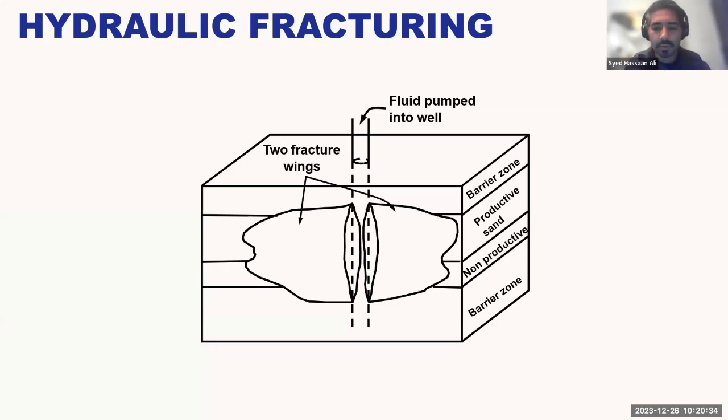And the two zones which are extended once the fracking is done are called fracture wings. You can see that the two fracture wings in this particular picture are extended primarily in the productive sand, which was your production zone or pay zone, and they are limited between the two barrier zones.